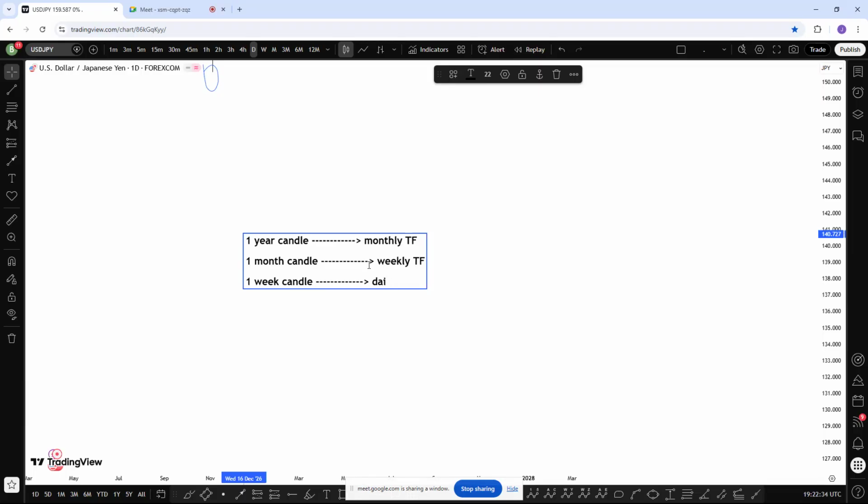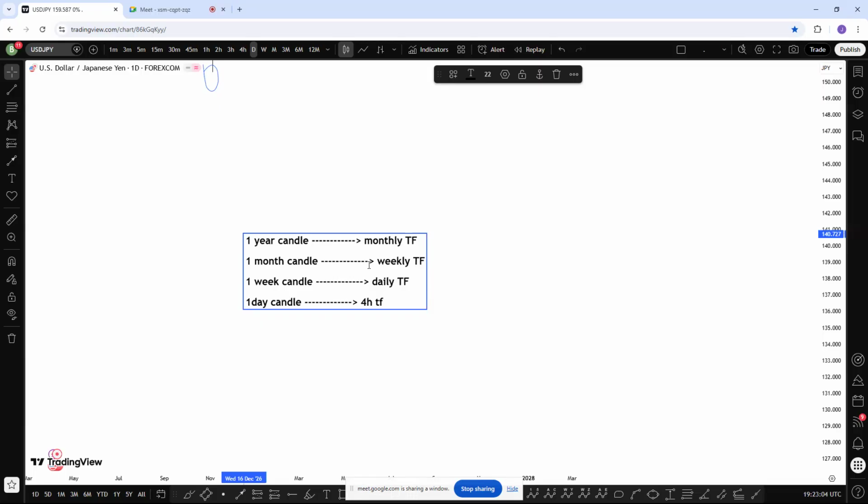Sorry, daily time frame. Then if you are in daily, you are in 1 day candle, make sure you use 4 hour time frame. So this means you have decided the candlestick you want to use.